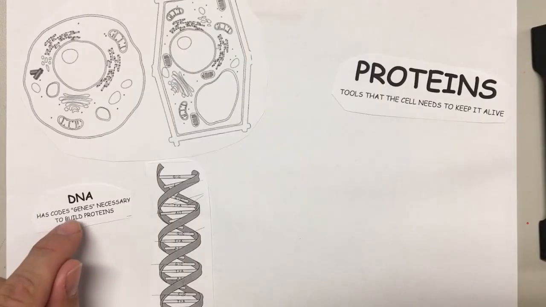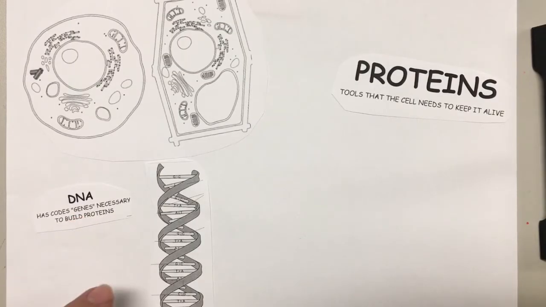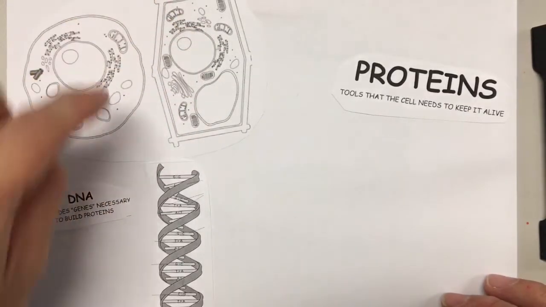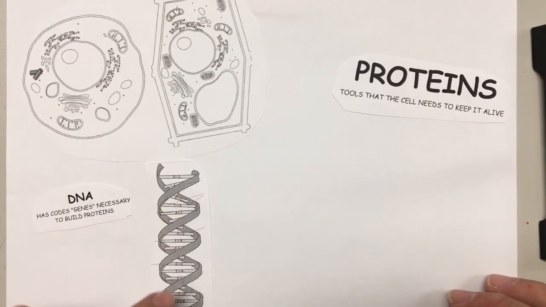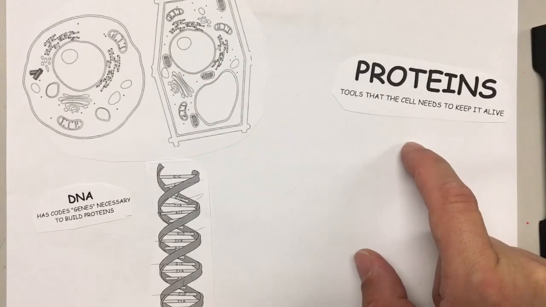The fancy word for these codes is genes, or you can think of genes as protein recipes. So all our cells have DNA in their nucleus, and this DNA holds all the codes that the cell needs to make its proteins.